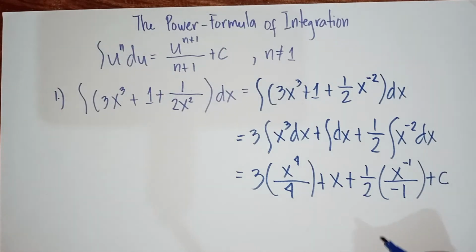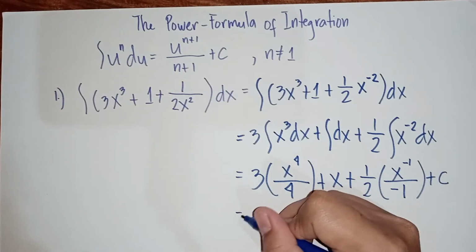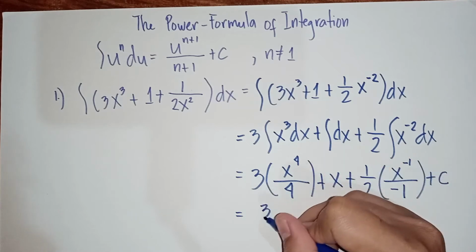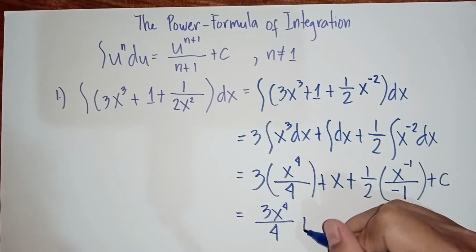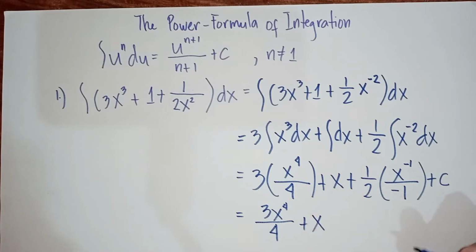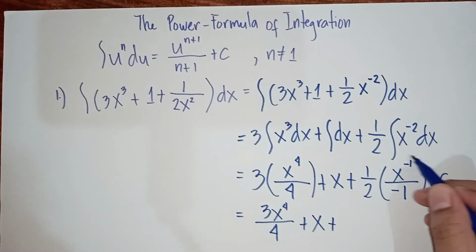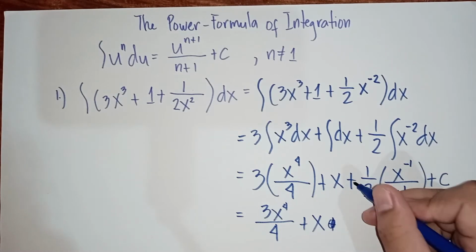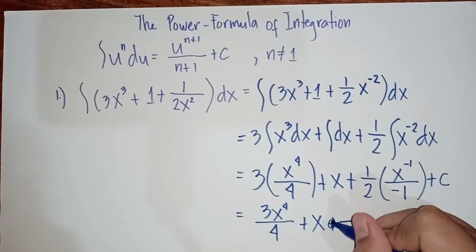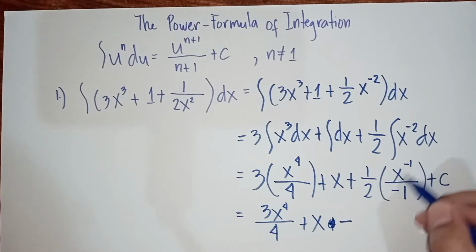Okay? Simplifying further, this is equal to, so multiply natin, this is 3x raised to 4 over 4 plus x plus, so eto, we have a negative exponent. So, magiging negative na pala ito kasi may negative 1 tayo dito. So, positive times negative 1, this will become negative. So, we have here a negative exponent.